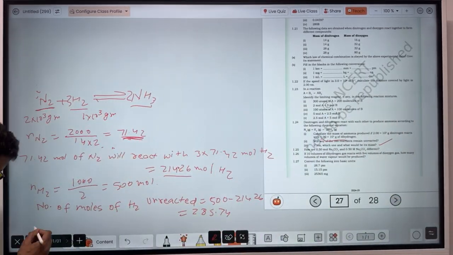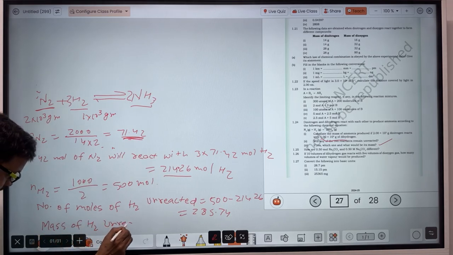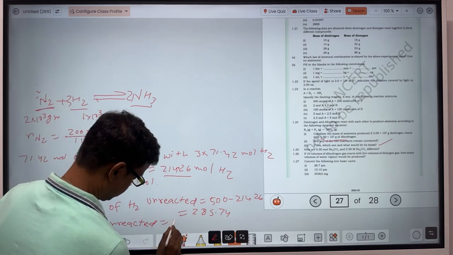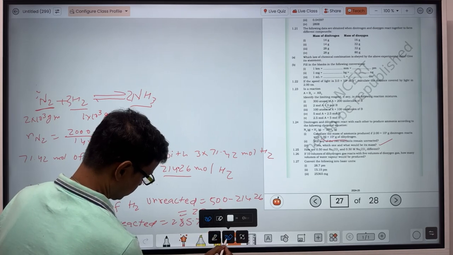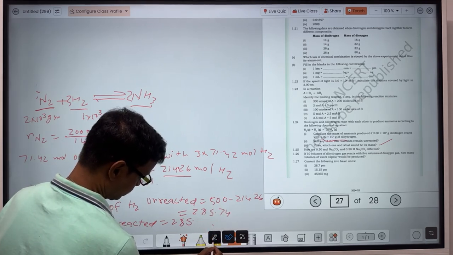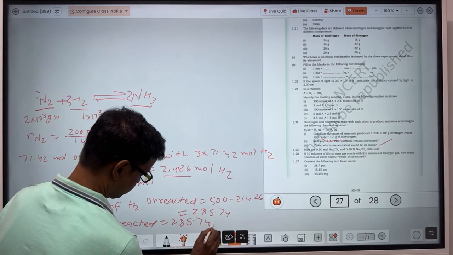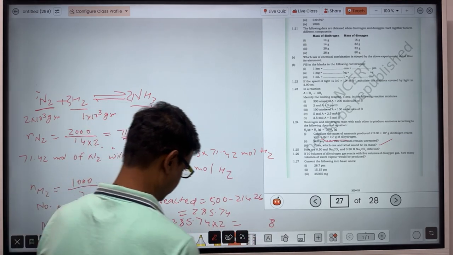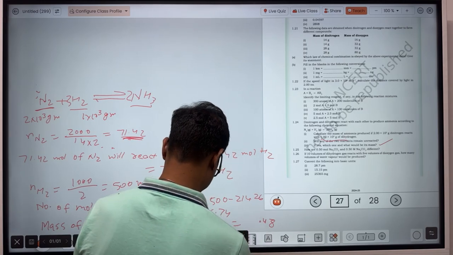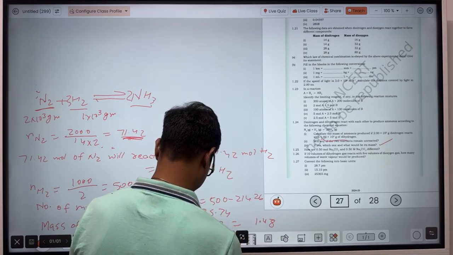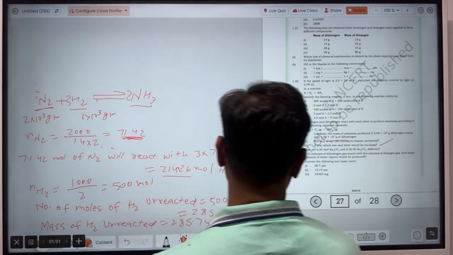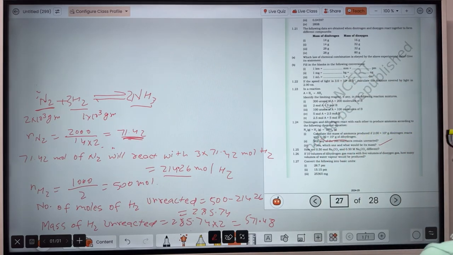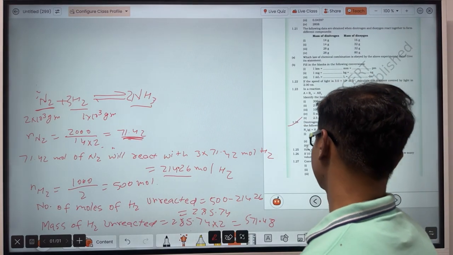Okay, so the mass of hydrogen will be 571.48. So till here we have discussed.